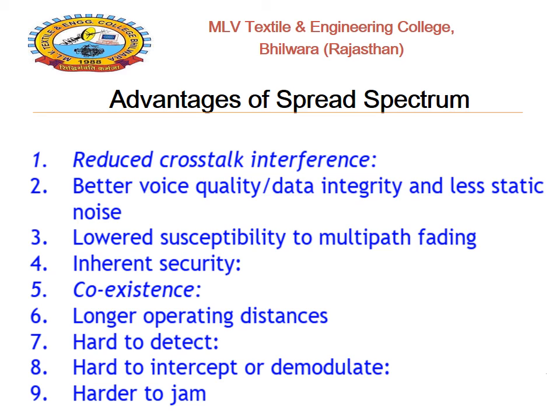Lower susceptibility to multipath fading, and inherent security. Obviously it provides specific security because it uses a PN sequence code generator. These codes are shared between the transmitter and the receiver section, which provides proper security.